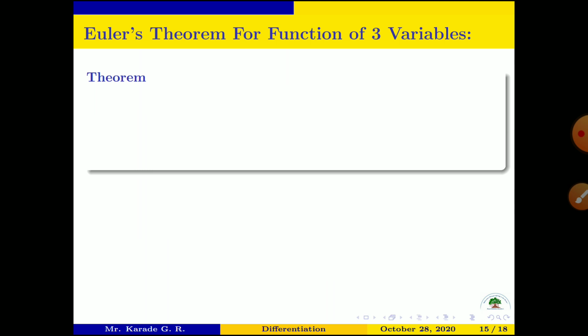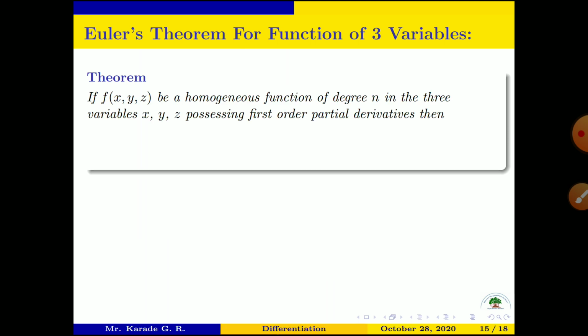Now we write Euler's theorem for a function of three variables. If f(x, y, z) is a homogeneous function of degree n in the three variables x, y, z possessing first order partial derivatives, then x into ∂f/∂x plus y into ∂f/∂y plus z into ∂f/∂z is equal to n into f(x, y, z).